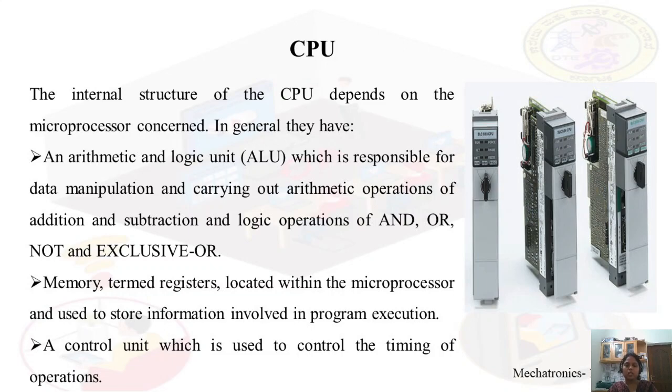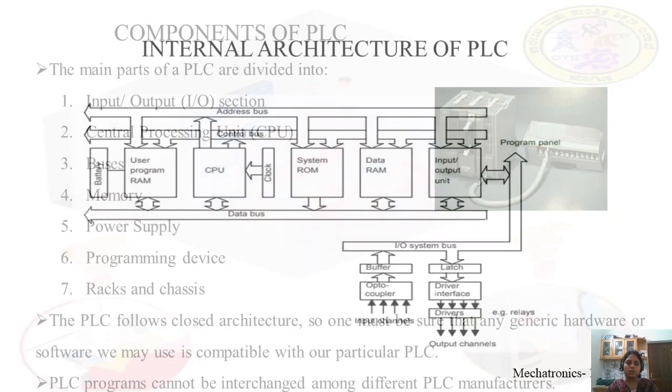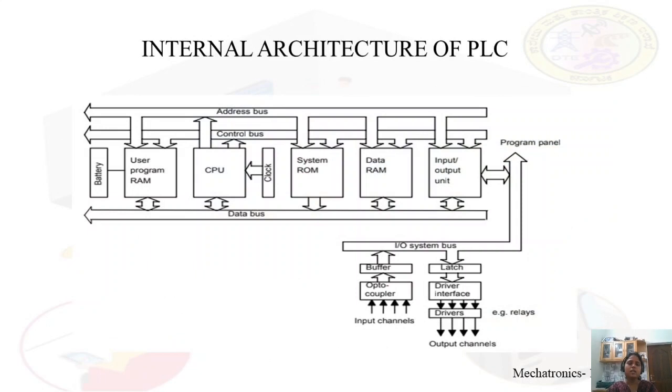Then memory, termed registers, located within the microprocessor and used to store the information that is involved in the program execution. And a control unit, which is used to control the timing of operation. This is also very important. If you see the internal architecture here, the CPU is provided with a clock.